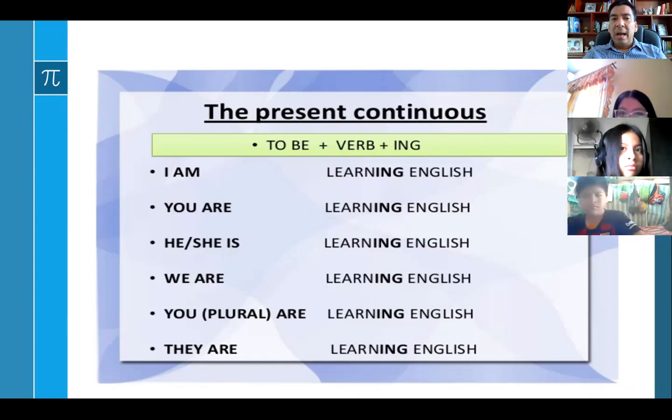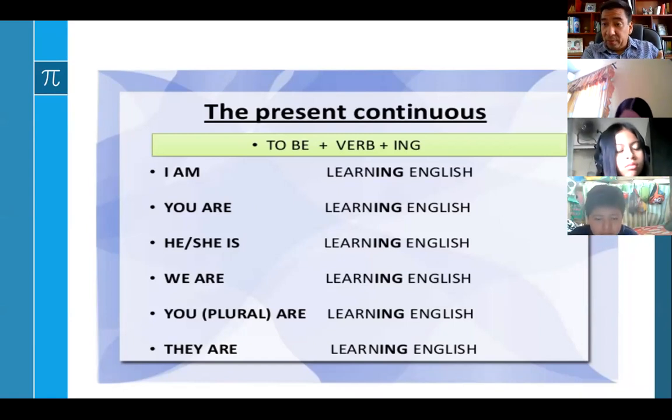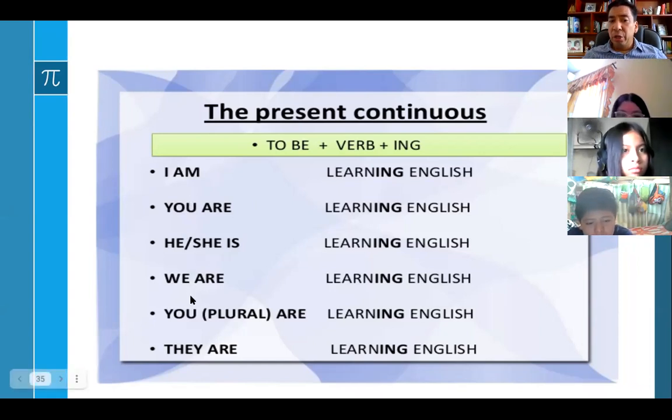Now, how do I structure a present continuous? It's very simple, very, very simple. As you can see in my screen, number one, I have the personal pronouns plus the verb be, which we studied, okay? So I have I am, you are, he or she is, we are, you are, and they are. We know that already, okay? So what is new in present continuous?